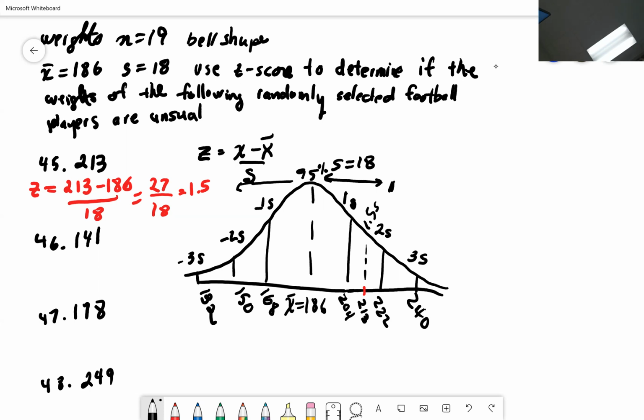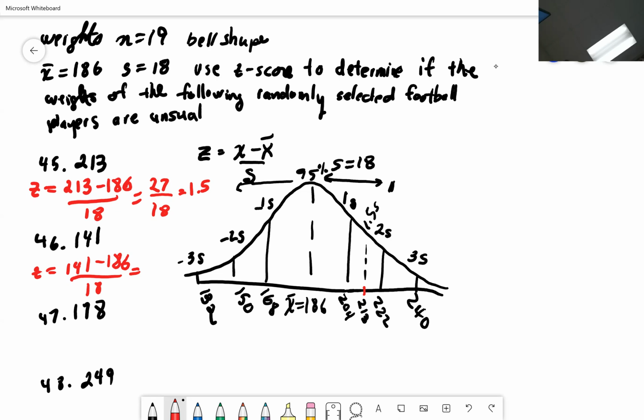All right. So let's go ahead and do number 46. Number 46 says we're going to do a z-score: 141 minus 186 divided by 18. Oops, I was going to make that mistake right now. Of course I made the mistake, because I'm supposed to find my numerator first. 141 minus 186, find that number and divide it by 18.